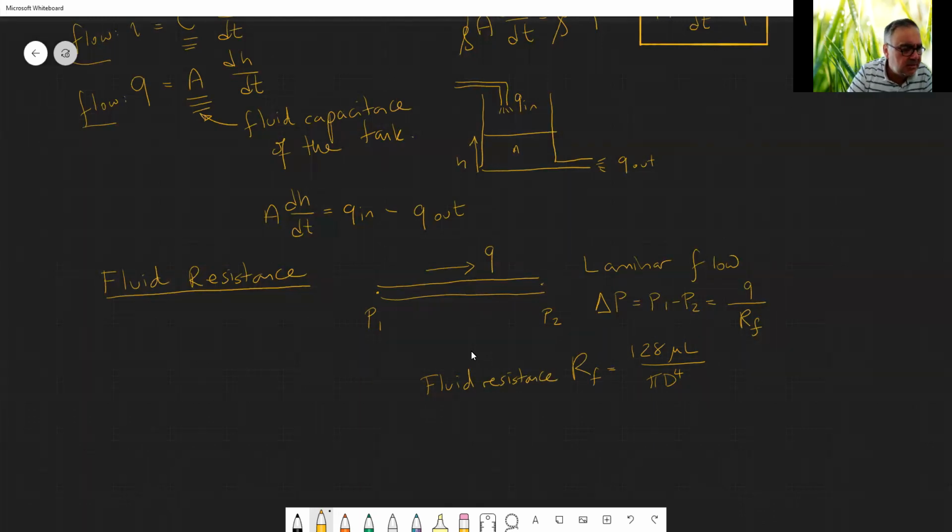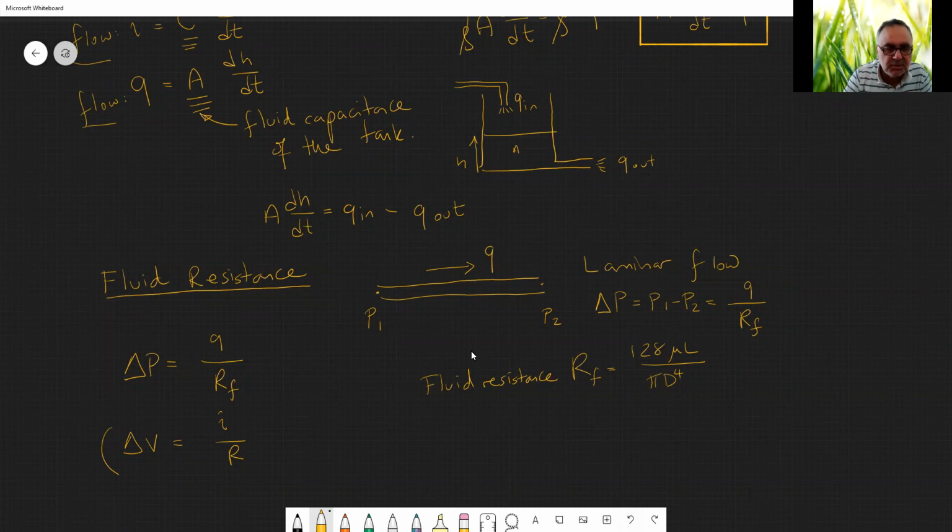So we can write the change in pressure in a fluid system is flow divided by the fluid resistance. Okay, this fluid resistance is dependent on system parameters. The more the length of the pipe is, the more fluid resistance, etc. This is quite similar to, as you remember, I over R. Sorry, I think I made a mistake here.